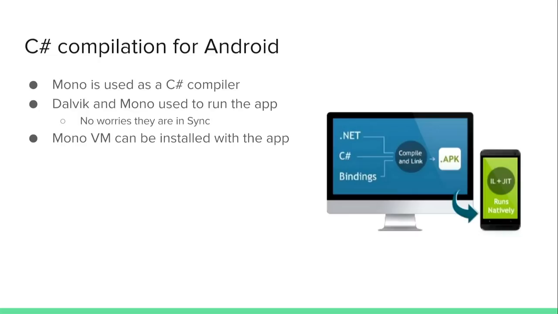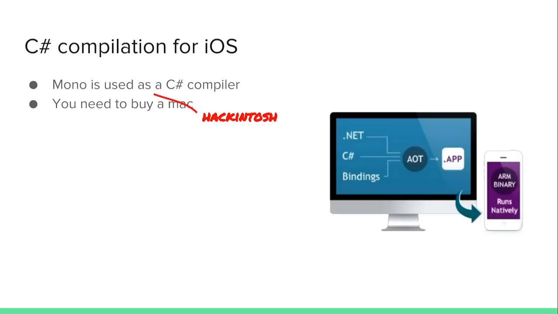There is a mechanism for syncing the calls and so on and so forth. But you need to understand that they work in parallel. So it's not just Dalvik working, as in the case of a Java application. As I already mentioned, the Mono virtual machine can be installed with your application. So what about C#?